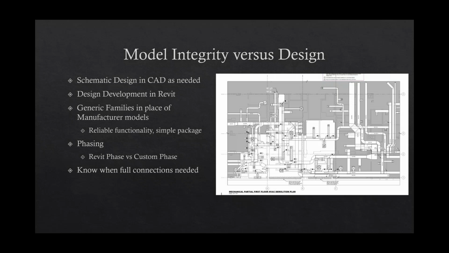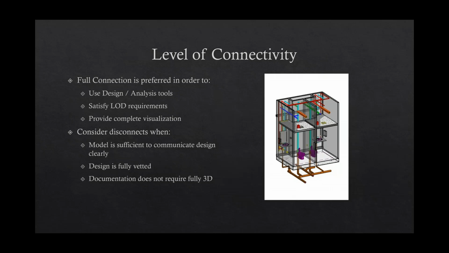Same thing with phasing, of knowing when we want to do that full work to make it as strong as possible when we say it's okay, and also the full connections. To illustrate, for level of connectivity, based on what you see here, this looks completely connected, and we brought it to everything.